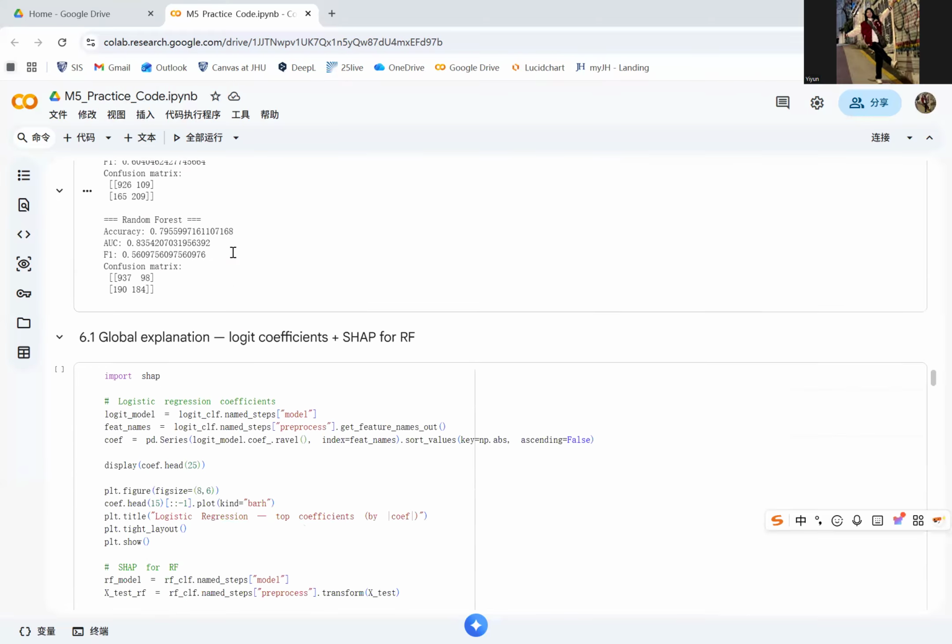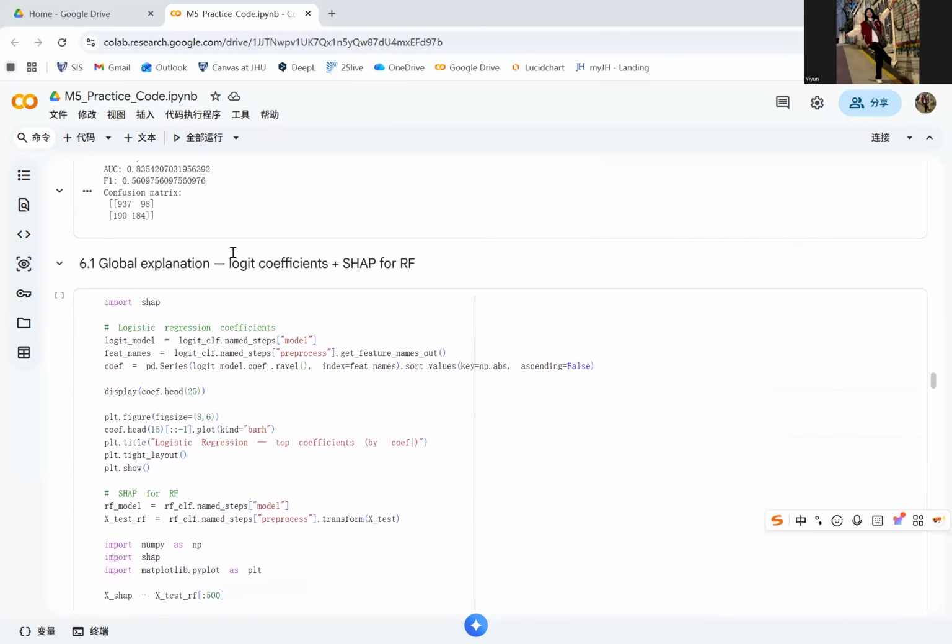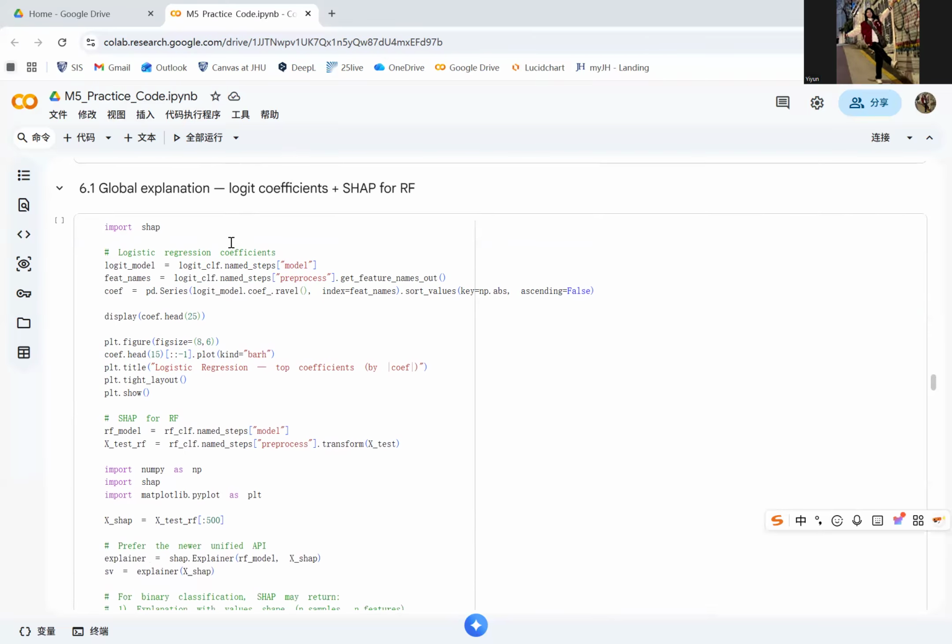Next, I focus on the model explanations. I generate local explanations using LIME. LIME explains individual predictions by approximating the model locally around a specific data point. This allows us to understand why the model predicted churn for a particular customer.